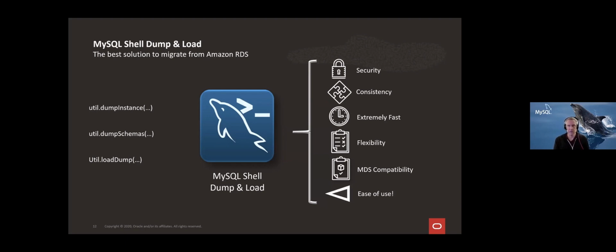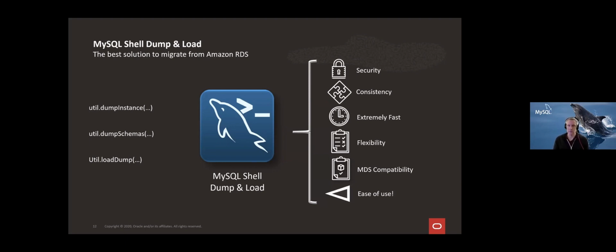We've basically made 3 functions. There are dump functions. The dump instance function dumps the entire RDS instance, and then there's a function that you run to load that dump, like an export, into the MDS.